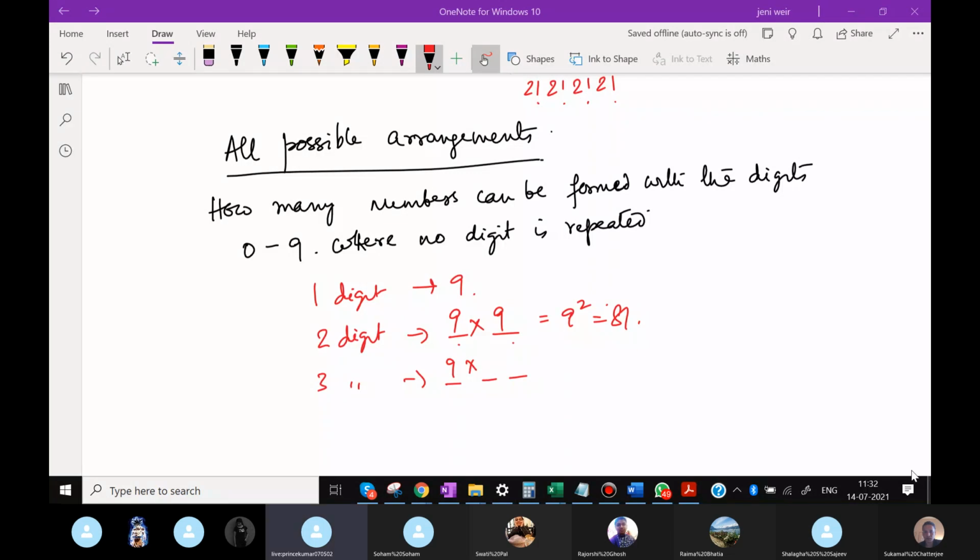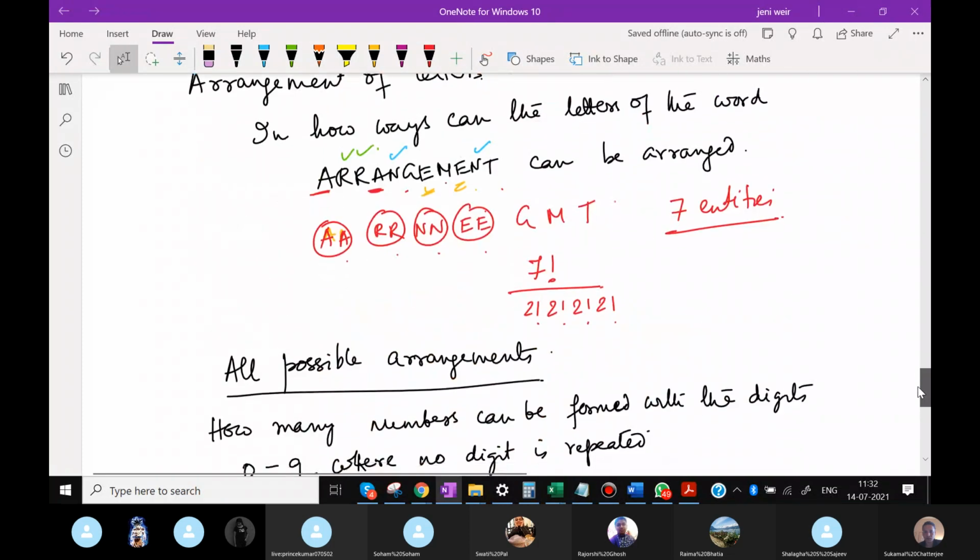So we have already taken 7 letters. Oh, sorry, thanks for pointing it out. This is not 7, my mistake. It should be 11 now. Yes, 8 and 3, 11. This would be 11 factorial divided by factorial 2 into 2 into 2 into 2.